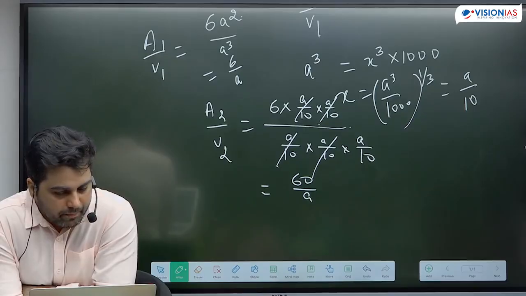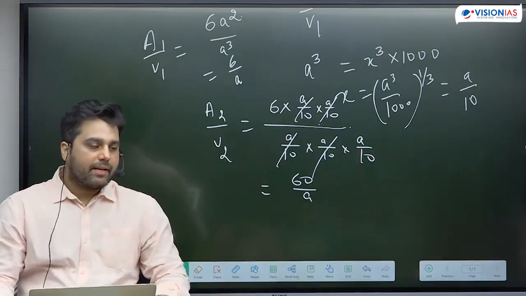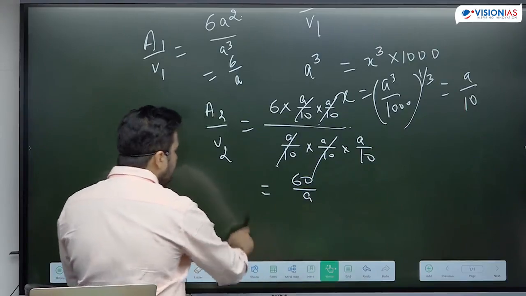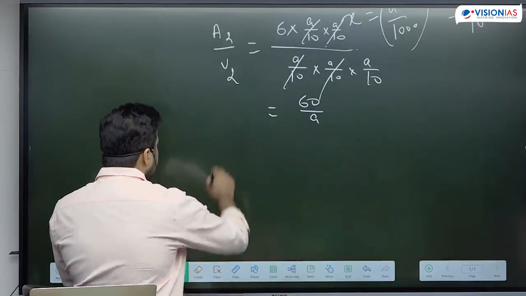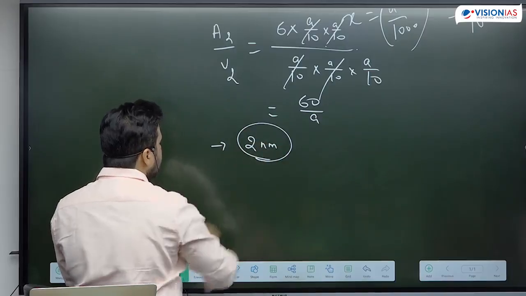For example, a strand of DNA has a diameter of 2 nanometer.